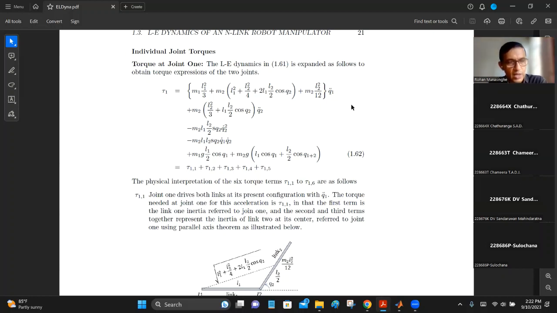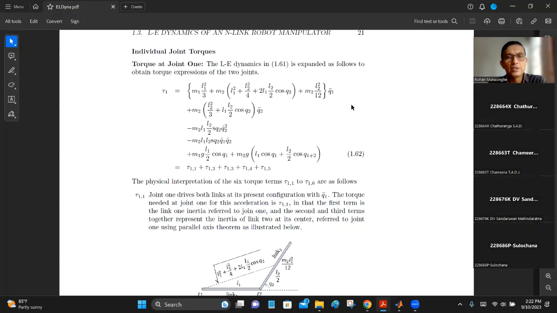I have not thought about that, but most probably you will not be asked to derive the Lagrange Euler formulation in the exams, right? So in dynamical systems papers you might be asked to derive the equations, but in robotics, this is going to be an open book exam. So what's the point of asking you to derive any of these terms? So that is something I have to think about, how to structure the paper.